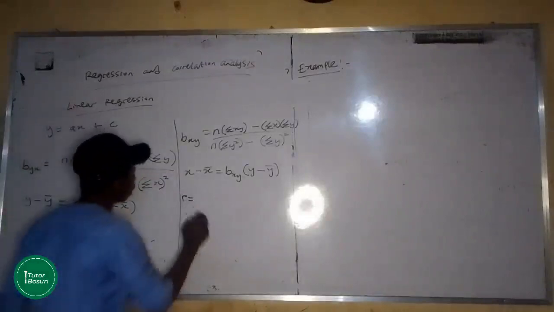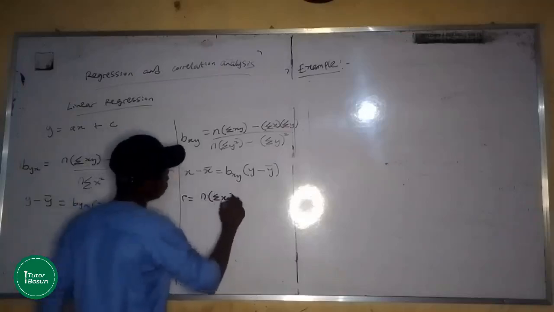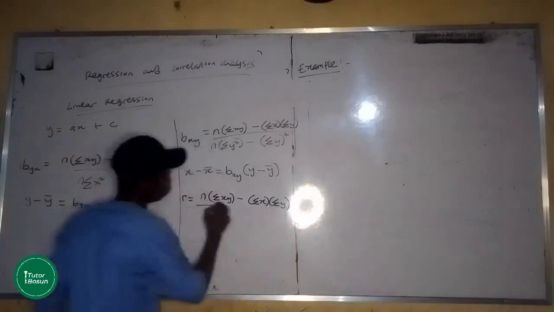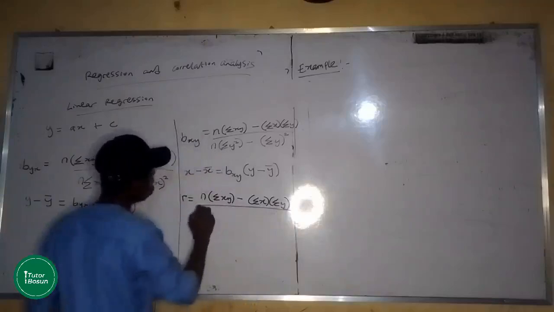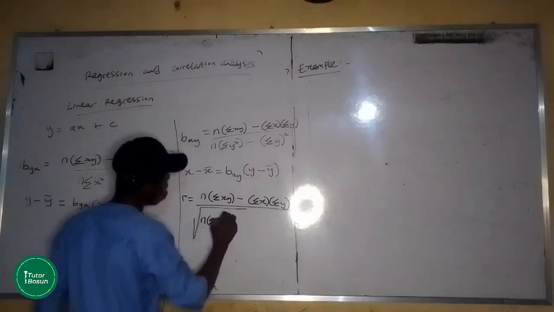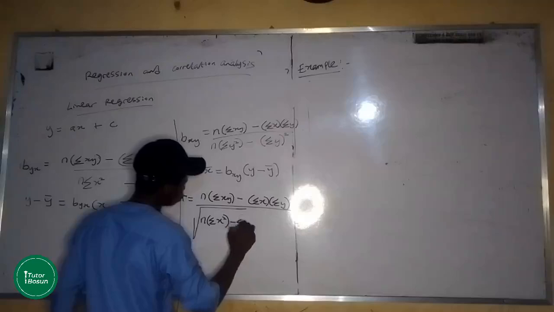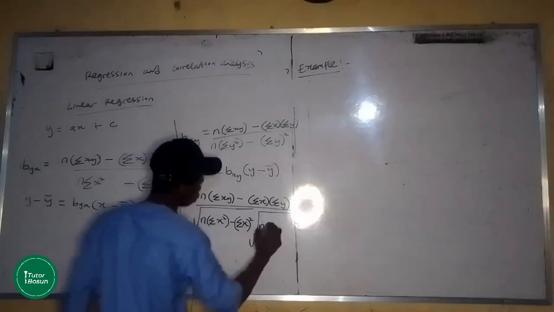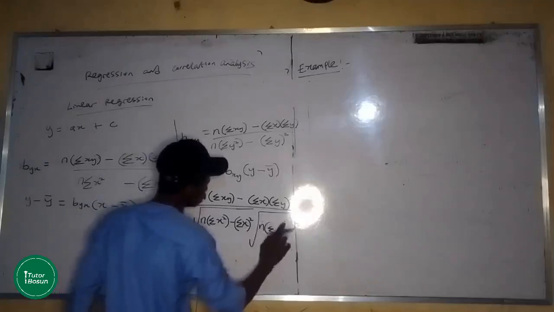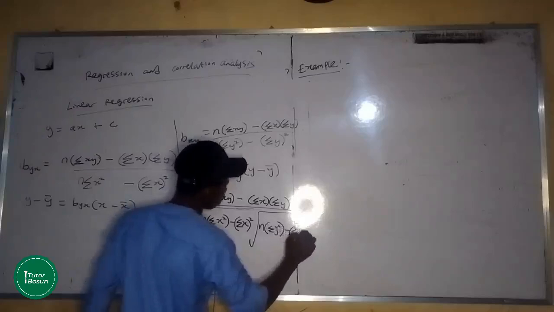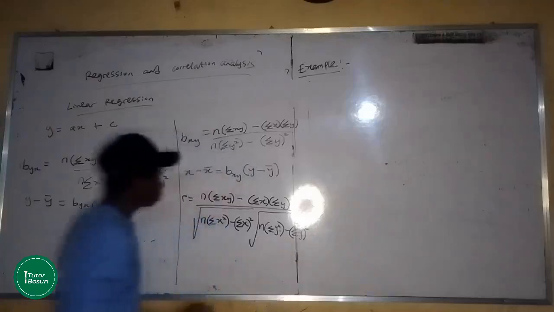Correlation coefficient R is given by n into summation xy minus summation x times summation y, divided by the square root of n into summation x squared minus the square of summation x, times the square root of n into summation y squared minus the square of summation y.